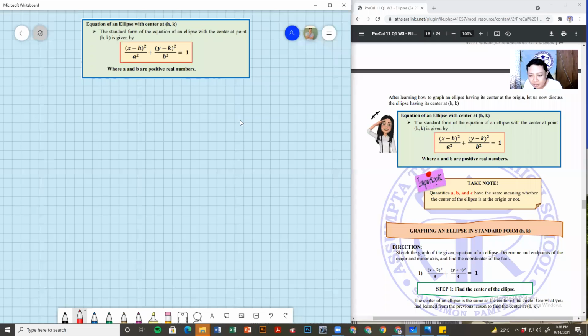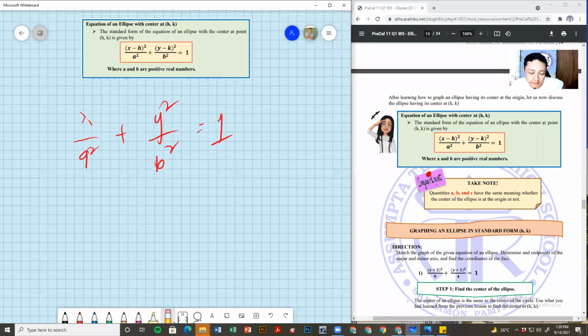Since we already have here our H and K, which are the other points for the center of our ellipse, that's what's added in our formula. Because if you will remember, if the center is at 0, 0, it's as simple as x squared over a squared plus y squared over b squared is equal to 1. In this case, it's just the same, just that since dito kasi 0, 0 yung ating origin, so automatically it's x squared and y squared.